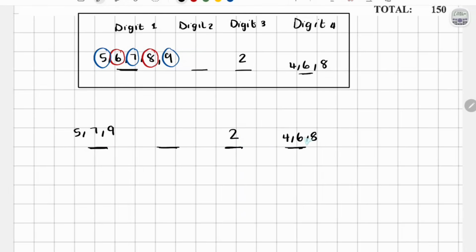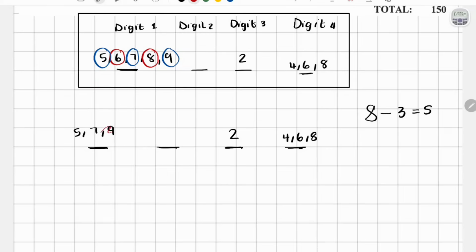And then you have put down one of these numbers out of the 3 numbers. Meaning, because you don't want a repetition, you're going to only have how many choices out of the 8 numbers? Well, that's going to be 8 minus the amount of numbers that have already been placed down, which is 1, 2, and 3. We're looking at one situation of one code. So 3 numbers have been placed down, meaning you only have 5 choices here.